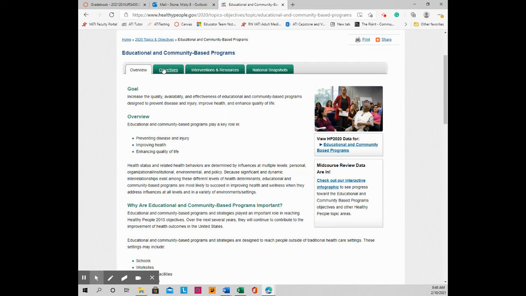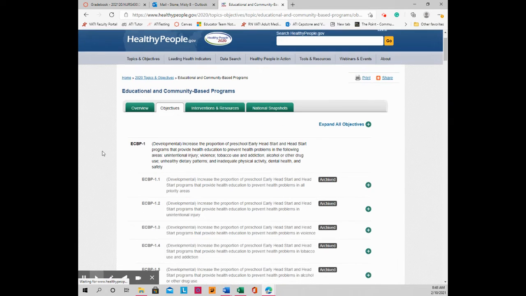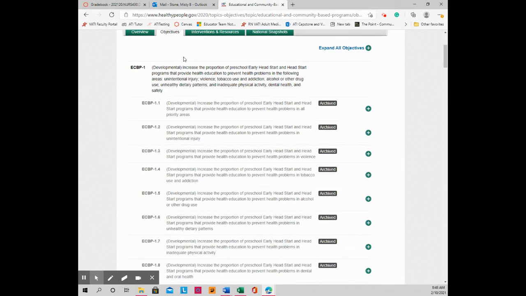What is important here is to click on the objectives because you have to get your objective number as well as the objectives to put into your paper. So click objectives, and this reminds me there's umbrellas. There's big umbrellas here, and under each one of these umbrellas is smaller subcategories. So you're going to read through the big umbrella, the big overview, to find which one relates to your topic.